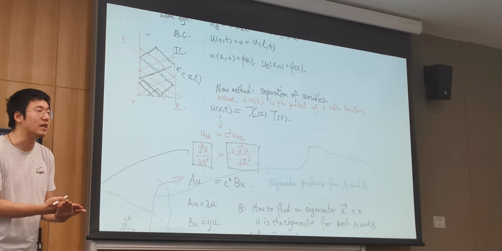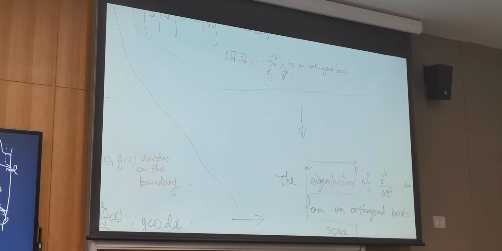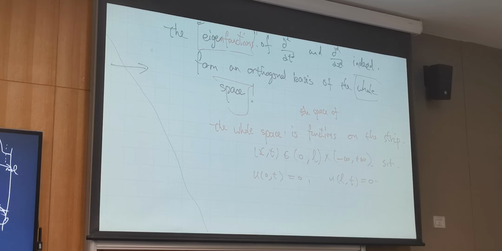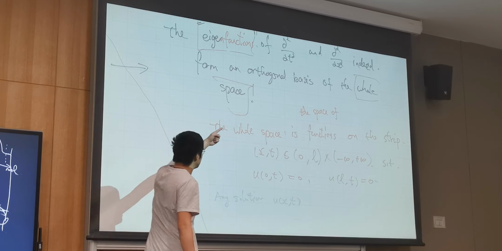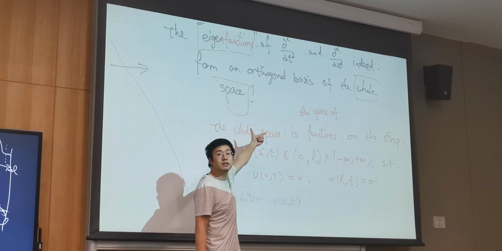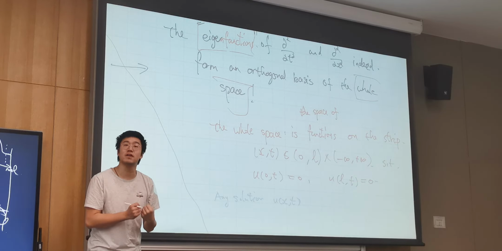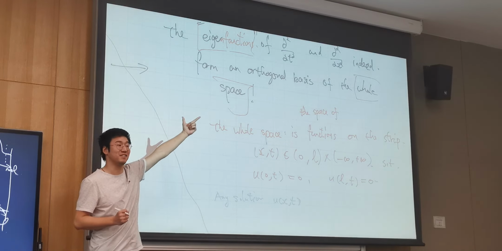That means any eligible solution u(x,t), because if I want a function to be a solution, it should at least be an element of the whole space. What does an orthogonal basis mean?